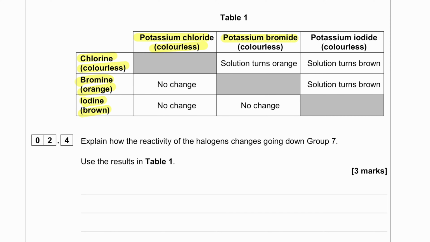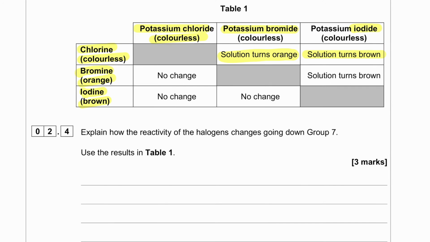When it reacts with potassium bromide, the chlorine displaces the bromide and releases the bromine. The solution turns orange because of the bromine. When the chlorine is reacted with iodide, the chlorine displaces the iodide and makes it into iodine. So the solution turns brown.